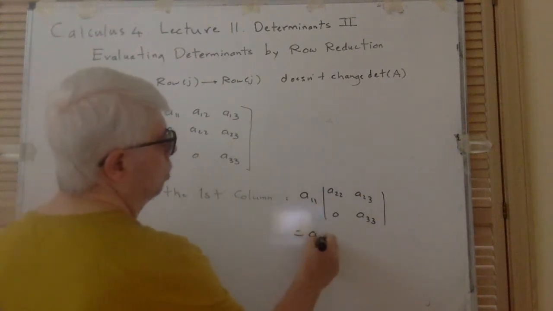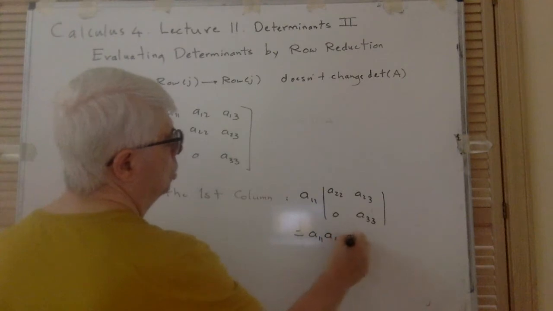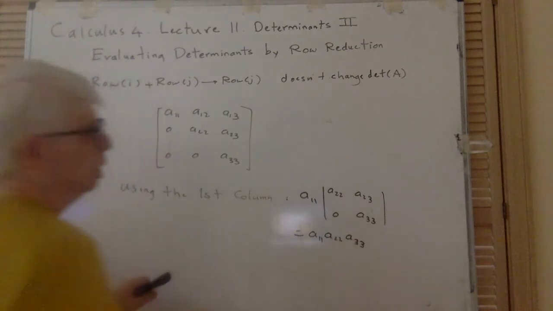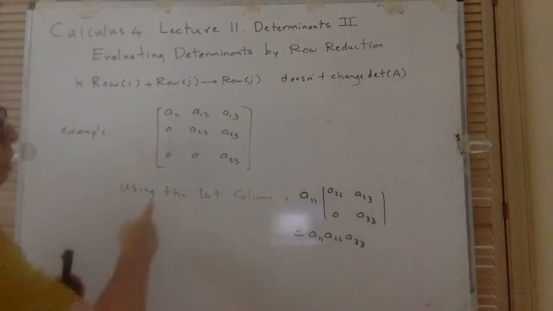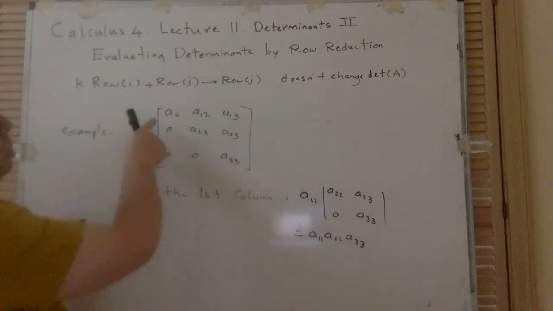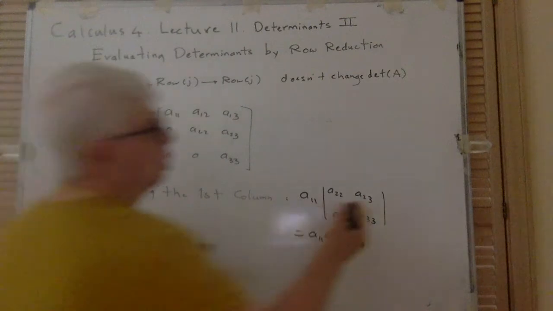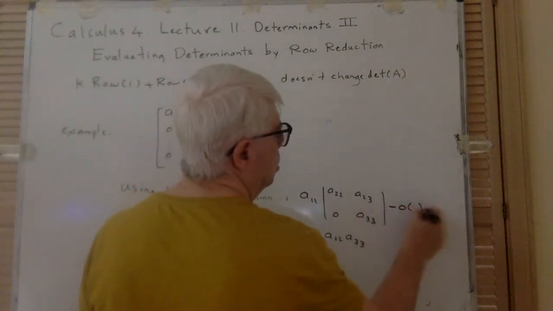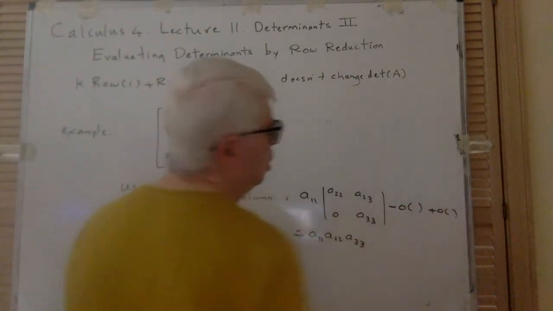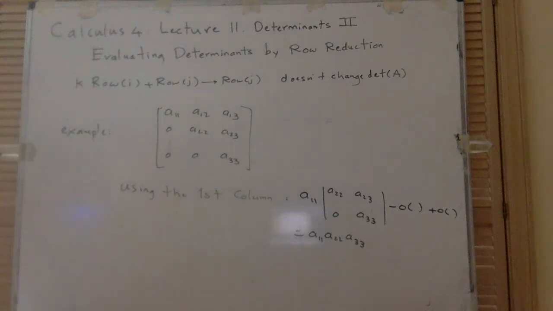So it is A11, A22, A33. Now why didn't I write anything else? Because I'm using this column. So it is this times this, then 0 times something, 0 times something. So it is minus 0 times something plus 0 times something. I don't care what 0 is multiplied by, because 0 multiplied by anything is 0.